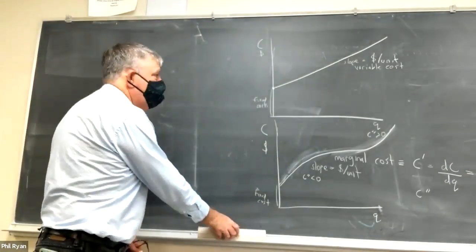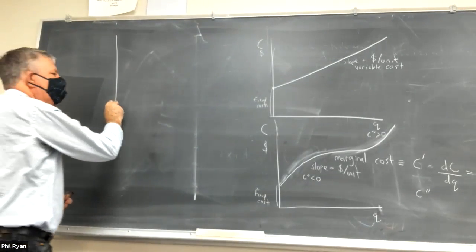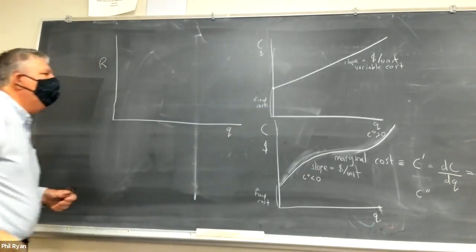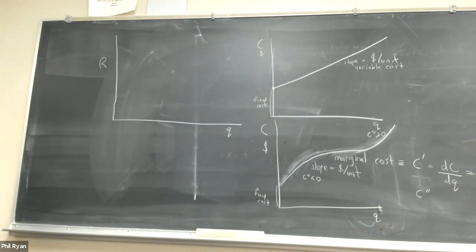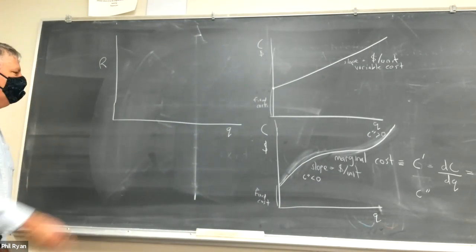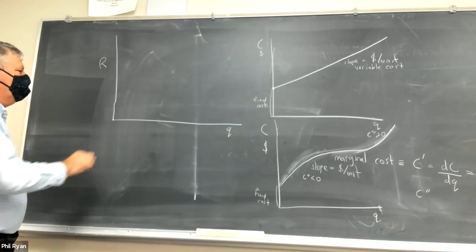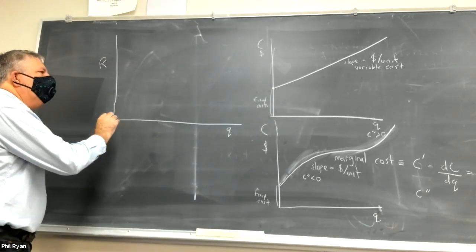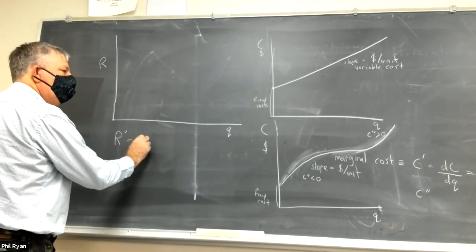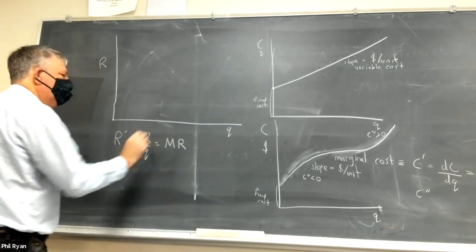Okay, let's see, I've got room here. Well, you can do the same thing for revenue. Now, typically there's no fixed revenue, so the intercept is going to be here. And we're going to have R prime, which is the same thing as dR/dQ, the same thing as marginal revenue.